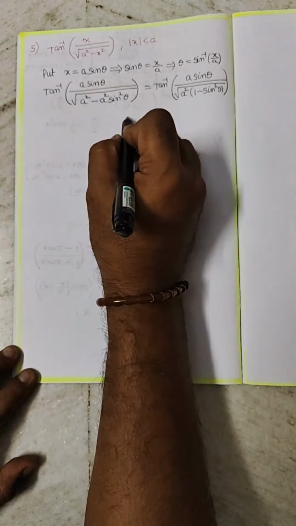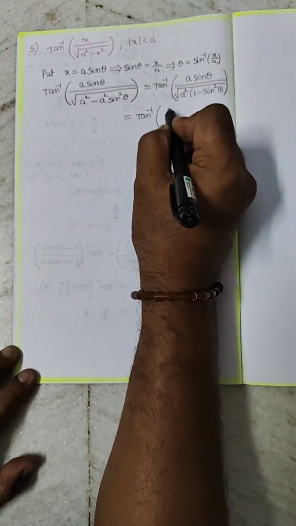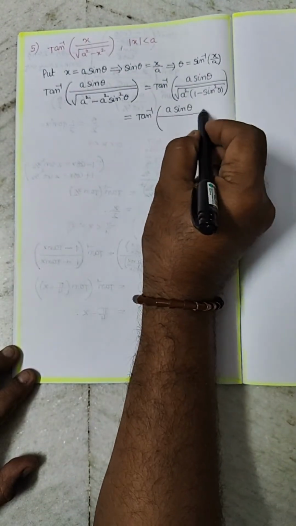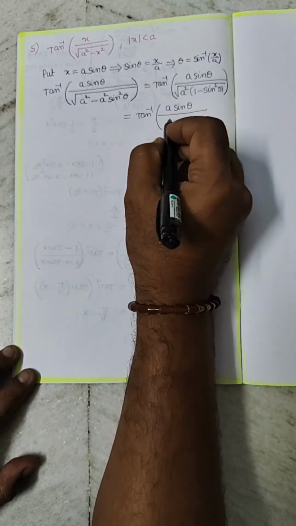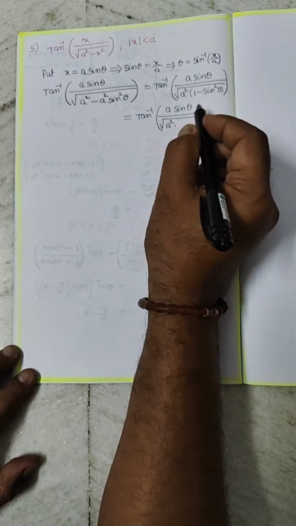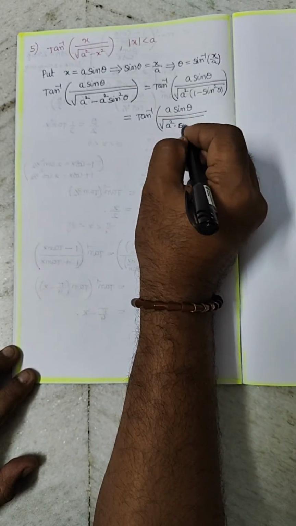Which is equal to tan inverse of a sin theta divided by a square bring outside of the root, into 1 minus sin square theta, which is cos square theta.